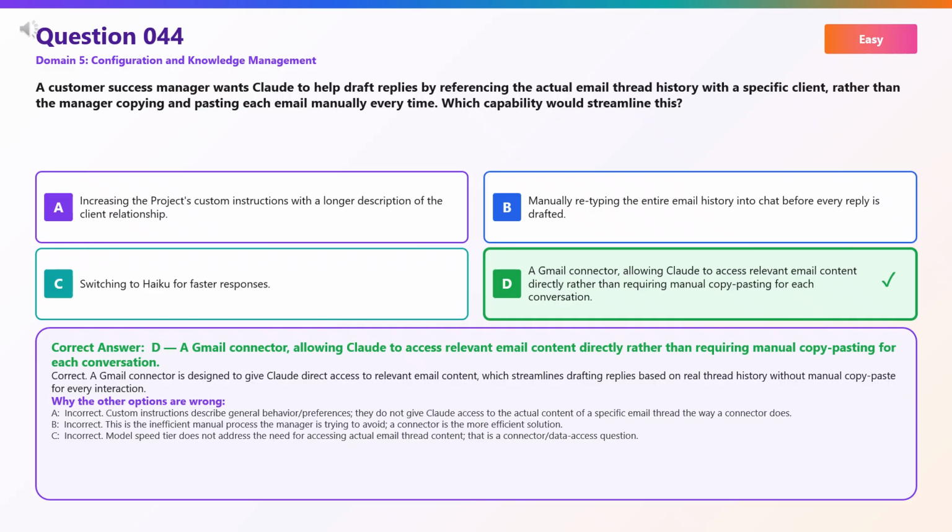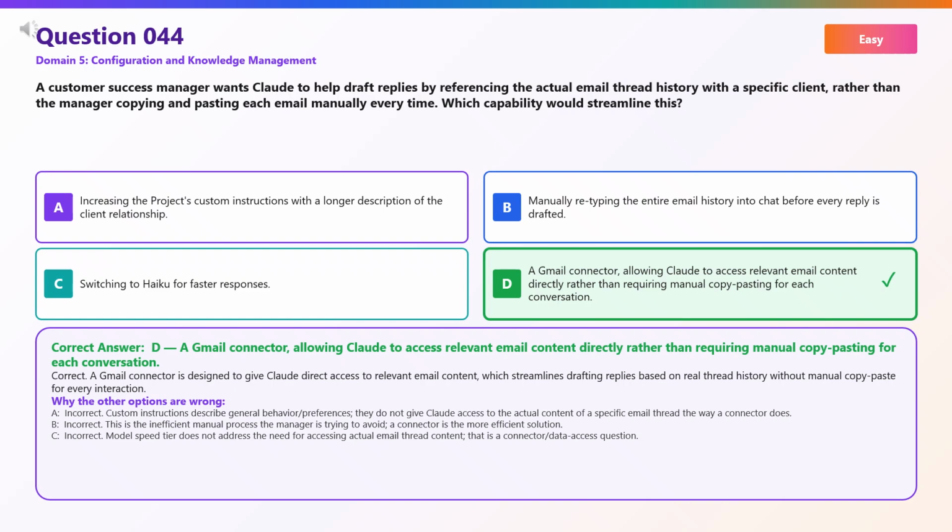Now, why the other options are wrong? A. Increasing the project's custom instructions with a longer description of the client relationship is incorrect. Custom instructions describe general behavior preferences. They do not give Claude access to the actual content of a specific email thread the way a connector does. B. Manually retyping the entire email history into chat before every reply is drafted is incorrect.